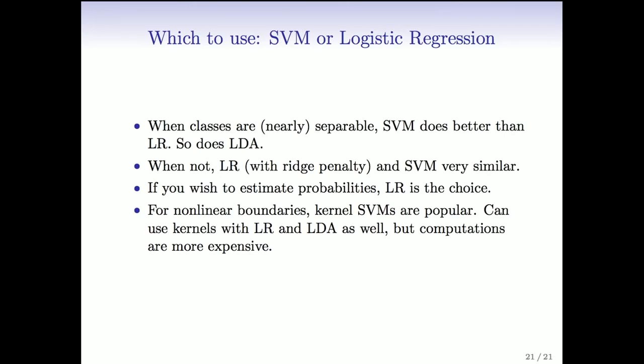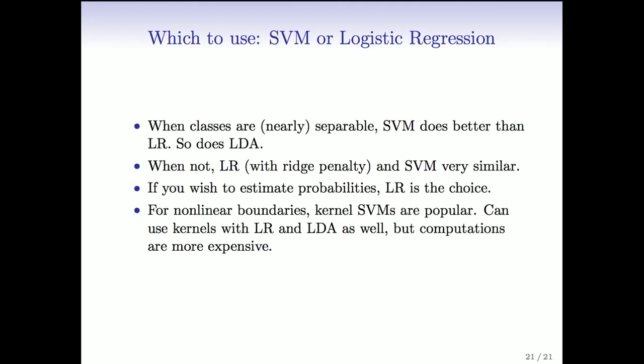Okay, so which to use, support vector machine or logistic regression? We'll just sum up here. If the classes are nearly separable, the support vector machine tends to do better than logistic regression. And so does linear discriminant analysis. Logistic regression actually breaks down if the classes are exactly separable. In that case, you'd have to use some kind of regularization with logistic regression.